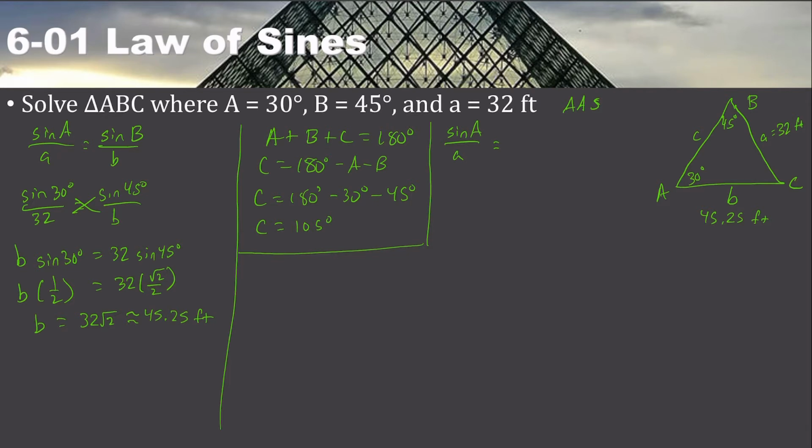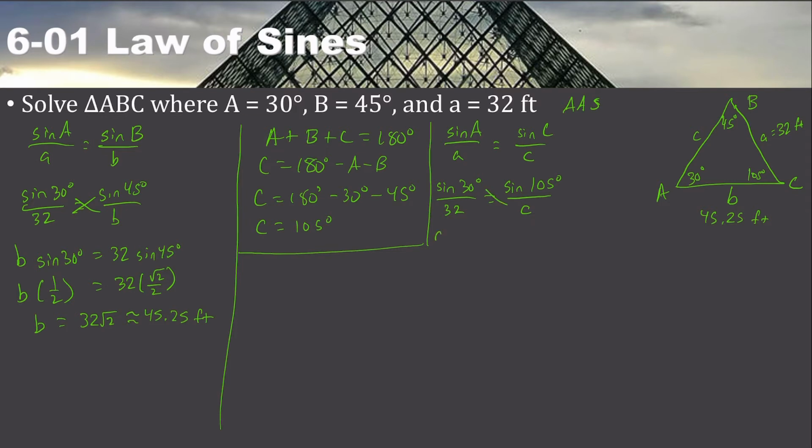So I'm using the A's and then angle C. So I know angle C, find side c. So A was 30 degrees, side a was 32. Angle C is 105 degrees, looking for side c.